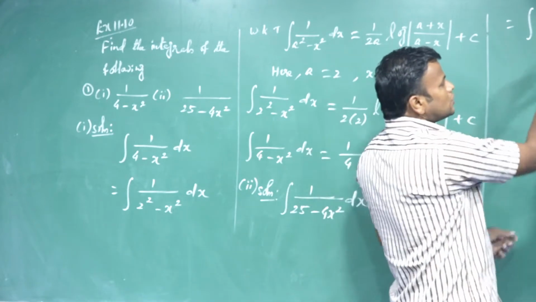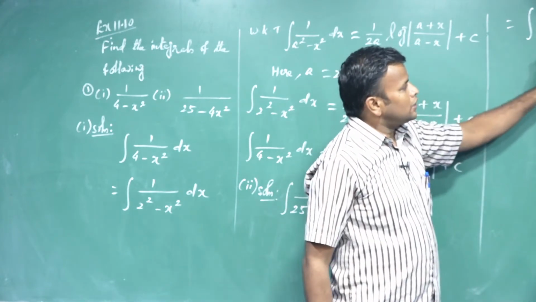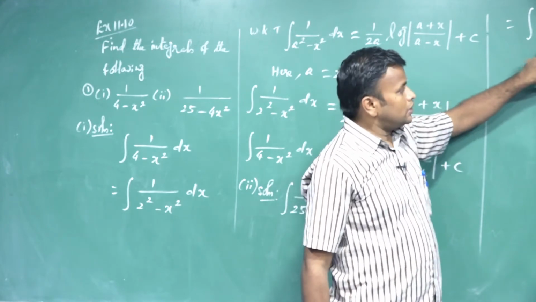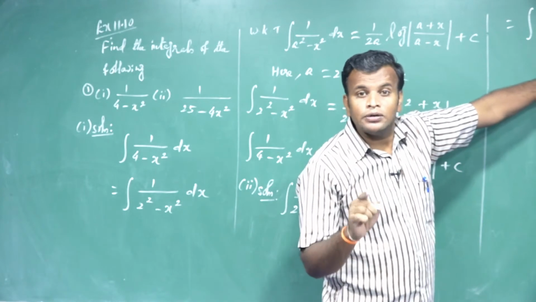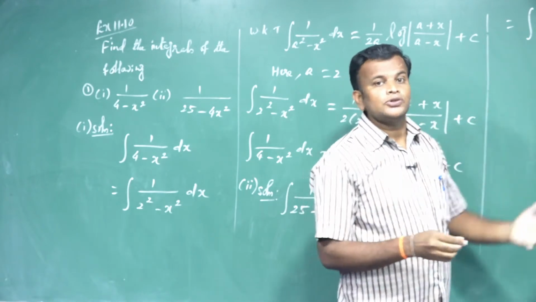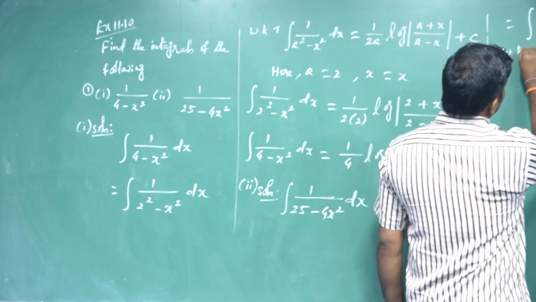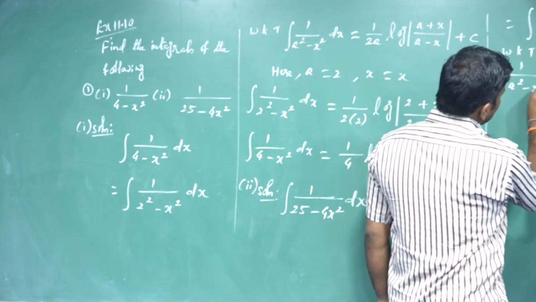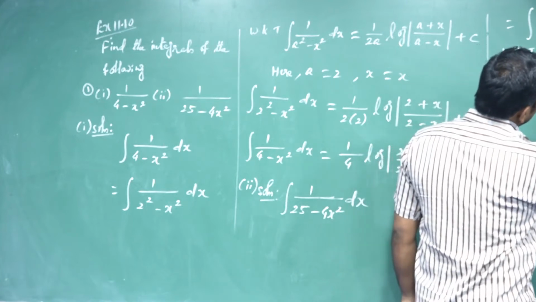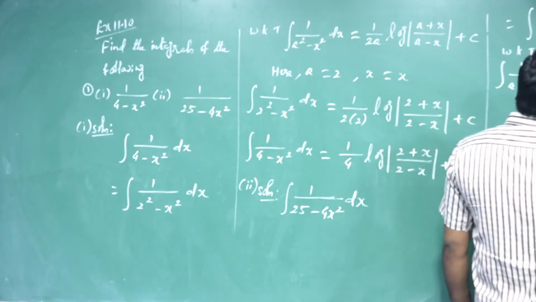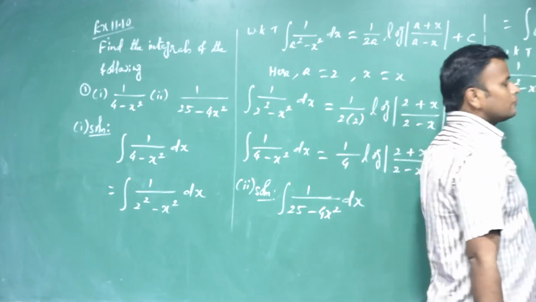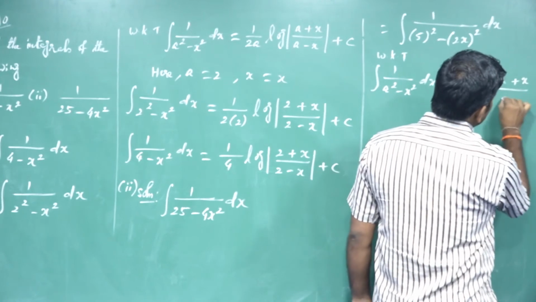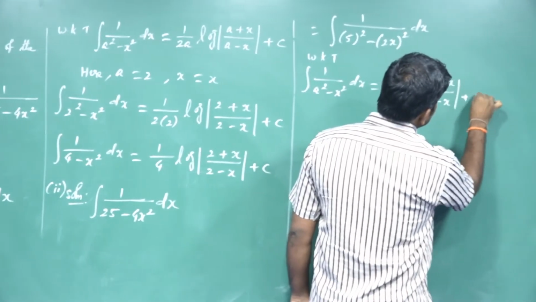Okay. Now it is also the same form of 1 divided by a square minus x square. But in place of a, 5. In place of x, 2x. Important, in place of x is 2x. It is a composite function. So we write the formula. Integrating 1 divided by a square minus x square into dx, 1 by 2a log of modulus a plus x by a minus x plus c.